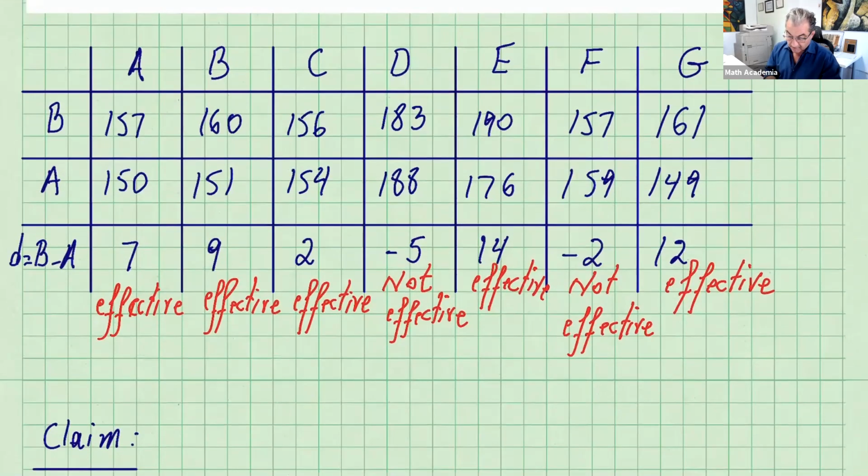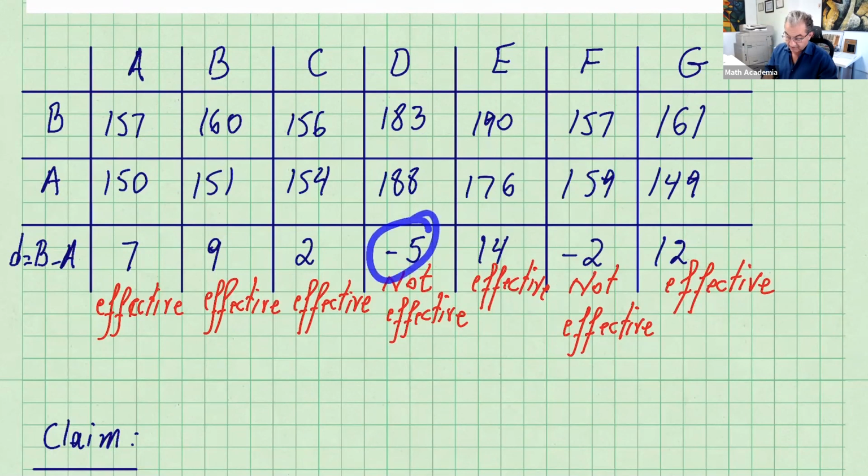This diet is effective if I go for person A. A lost weight. So if I take the difference, they lost 7 pounds, and 7 is positive. In this case, if the difference is positive, it's effective. Person D was 183, after diet was 188. So they gained weight.